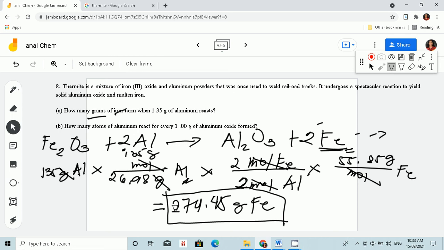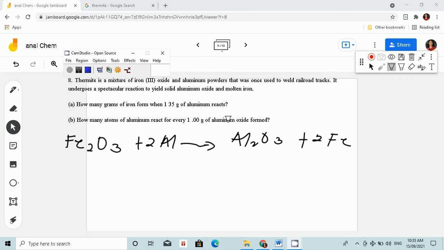Here, the given is 1.0 gram of aluminum oxide, Al2O3, times how many atoms of aluminum.